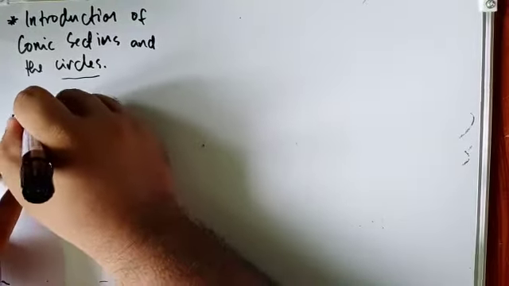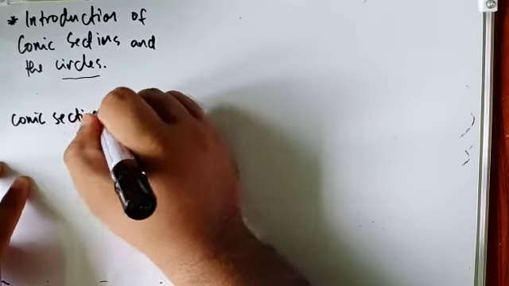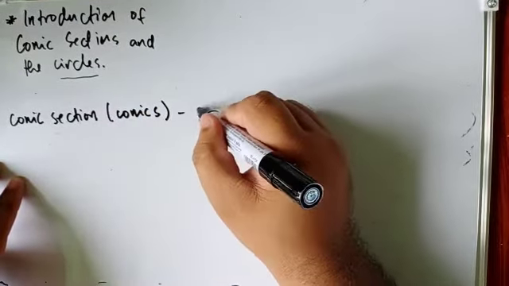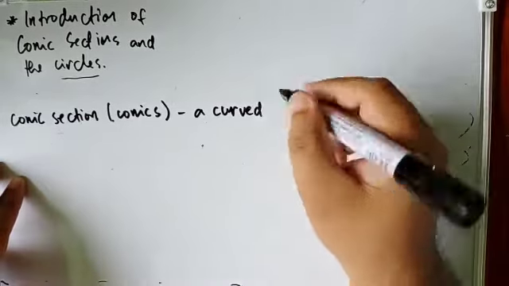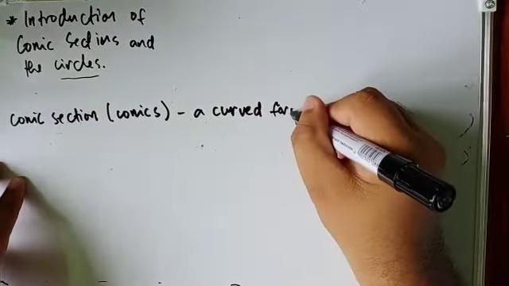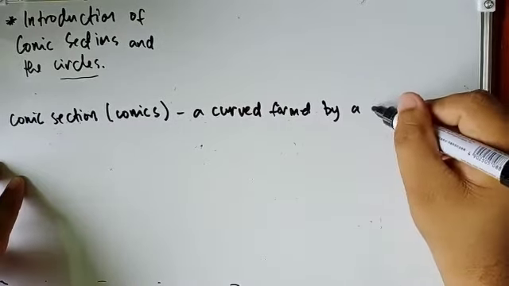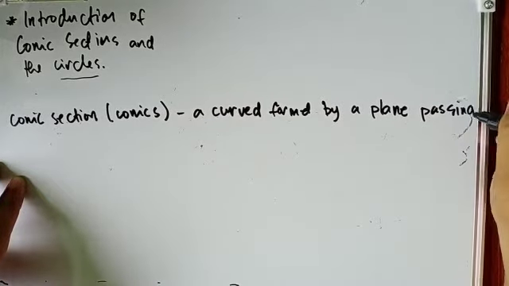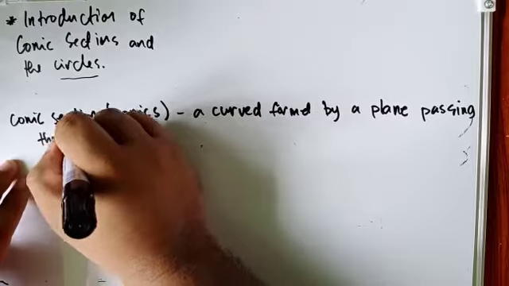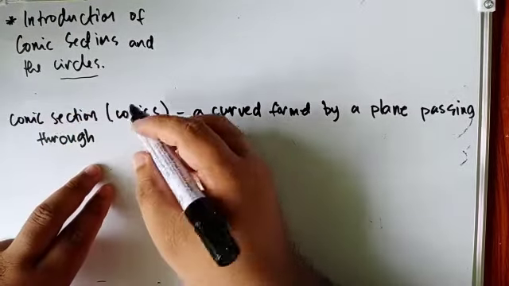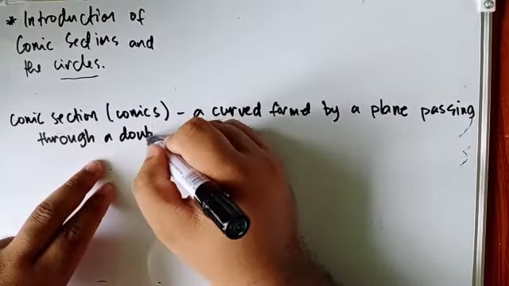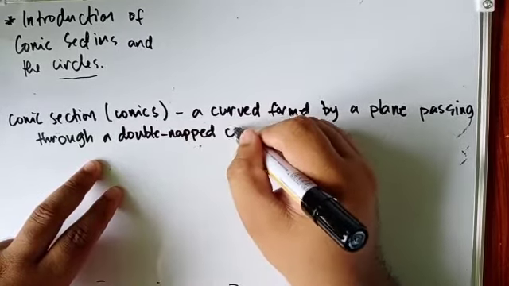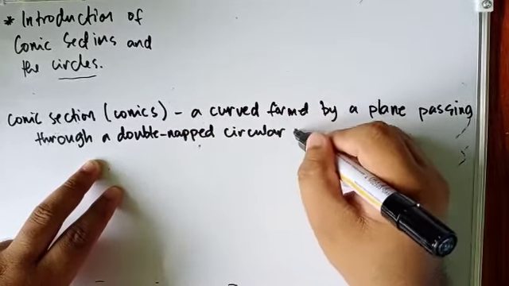Sige. Conic section, or simply conics, that is a curve formed by a plane passing through a double napped circular cone.